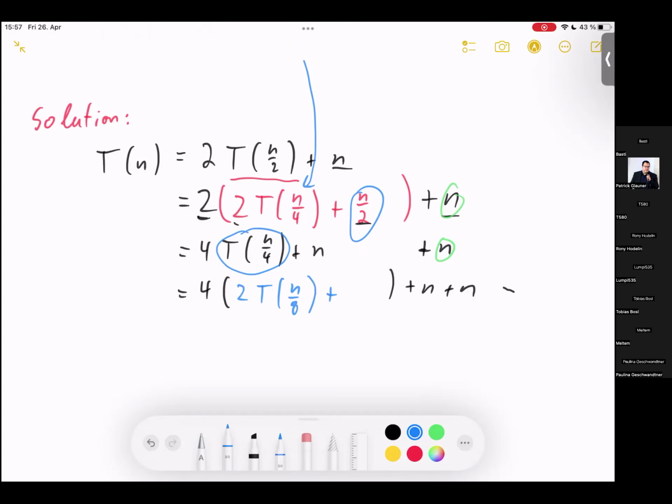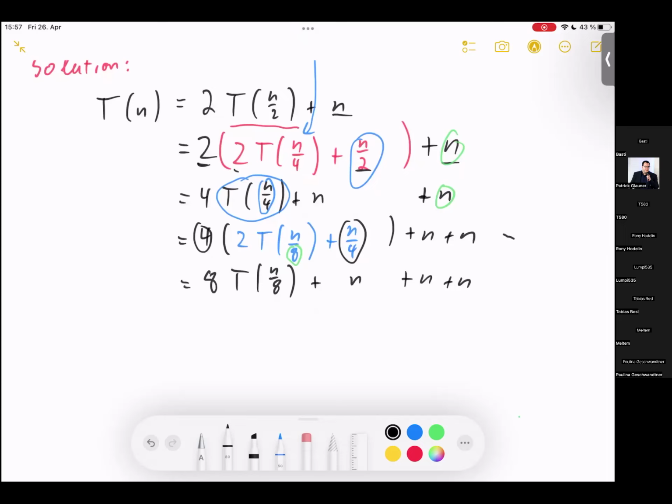And I have n divided by 4, which I put here, because I put in this for n. And here I have halved it again, and that's why I divided by 8. The pattern is now 8 times T of n divided by 8. We say 4 times n divided by 4, so plus n plus our old n's before.